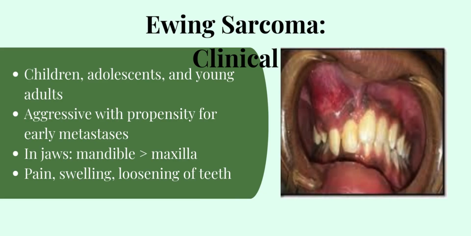Now, let's move on to the next lesion, which is Ewing sarcoma. Ewing sarcoma is a part of small round blue cell tumor family and typically affects children and young adults. In the oral region, it may involve the mandible and present as a swelling, pain, or mobility of the teeth.